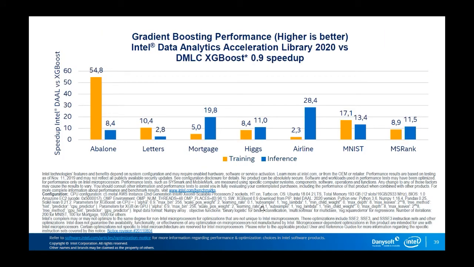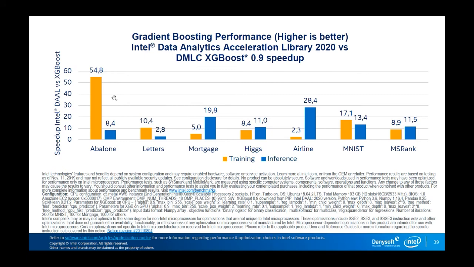So with this slide, I try to summarize the performance numbers, taking into account two main stages, the training stage and the inference stage. And as can be seen, all the results are really successful in terms of speedups.